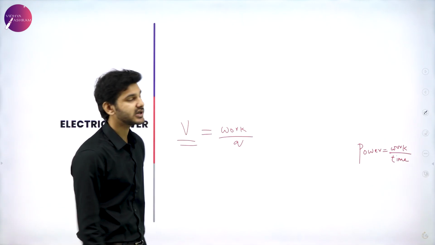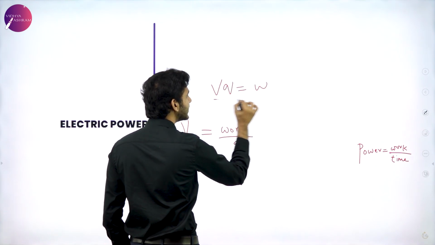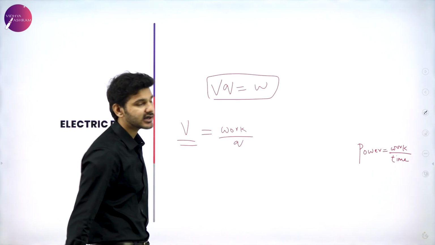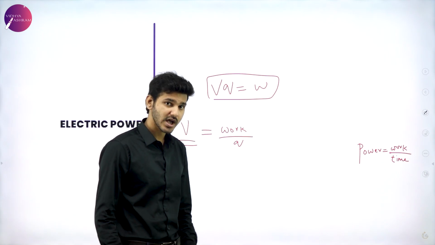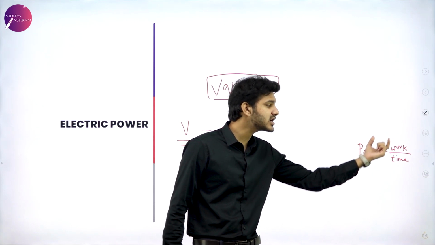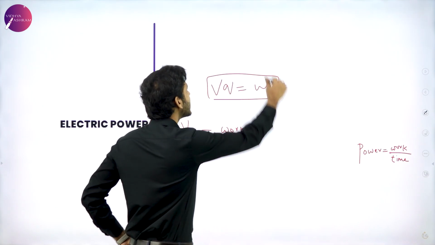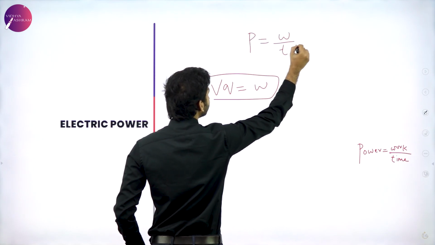So we have an equation that is V times Q is equal to W. We have an equation in terms of charges and potential which relates work. But we also know that the equation for power is work divided by time. That is, P is equal to W by T.